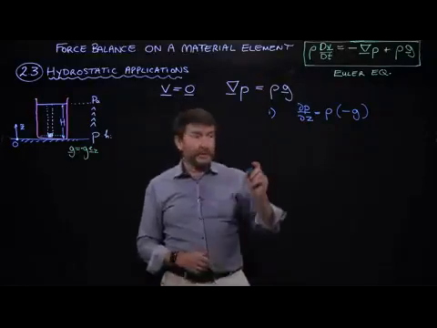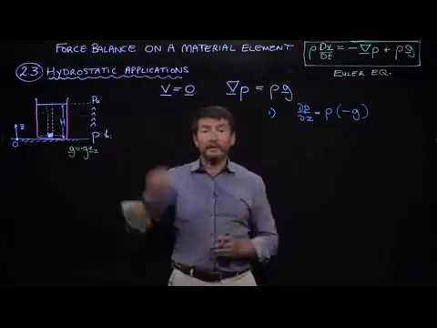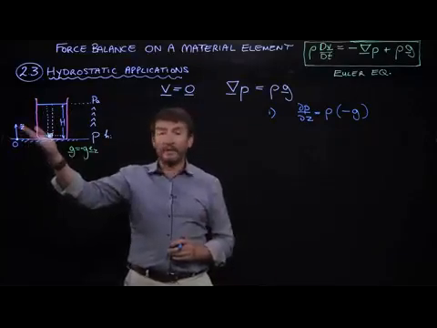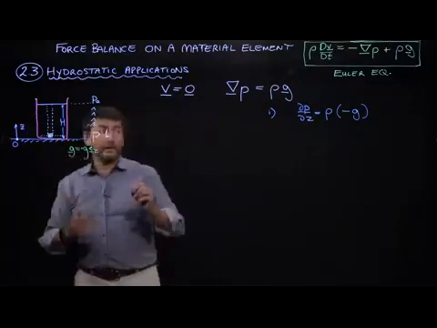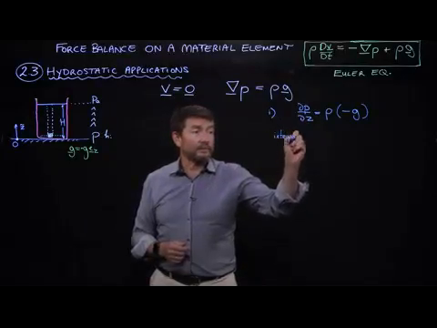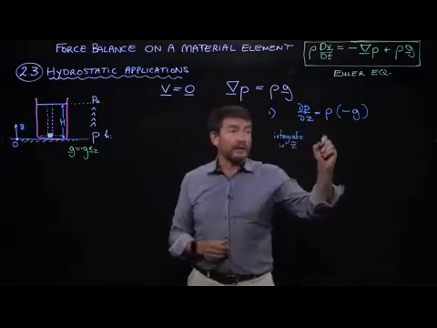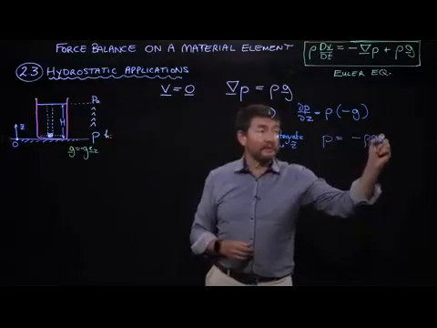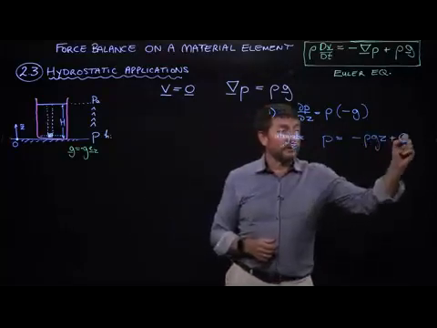And so if we want to integrate this to find the pressure field, we have to be very careful about where we integrate from. So if we use a coordinate system, which I'll call z with a tilde over it, then when we integrate this in the z coordinate system, we'll find that the pressure is equal to minus rho g z, as we expect, it goes down with increasing height, plus a constant.